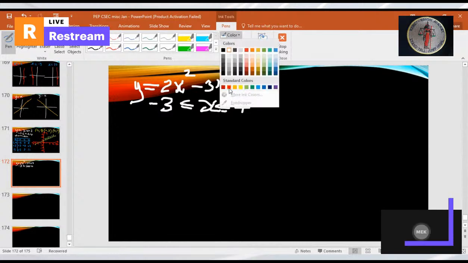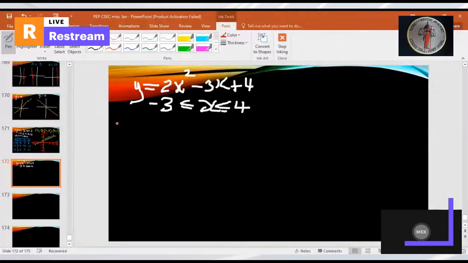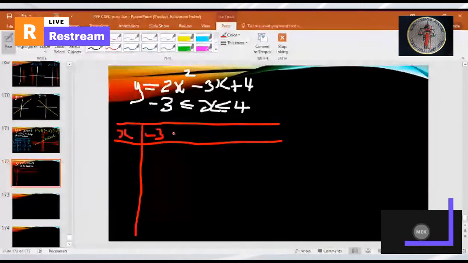So we set up our table, straight across, to have all the points in our domain, not just 3 points. So from -3, -2, -1, 0, 1, 2, 3, 4, all of the points for our table.